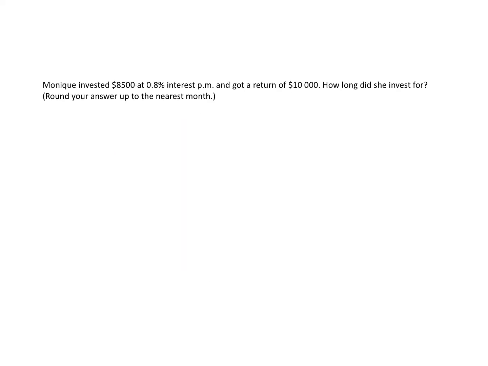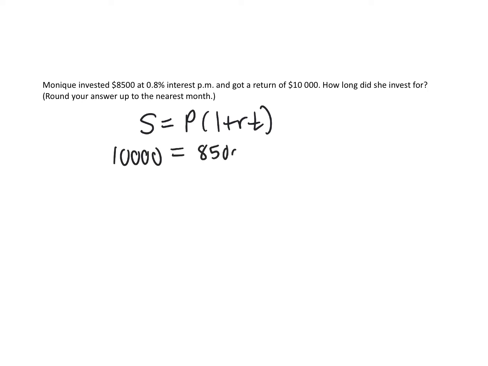This example, we have the rate, but we don't know the time frame, but we can approach it the same way. So S equals P(1 plus RT), plug in what we know. Now, 0.008 T. Be careful. Remember, you're dividing by 100, so be careful with your decimal place and your rate.